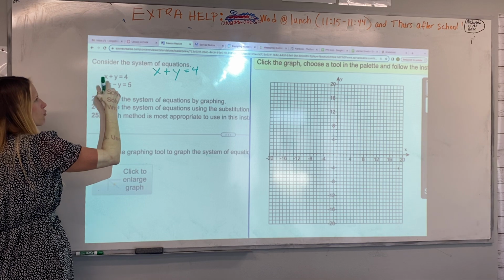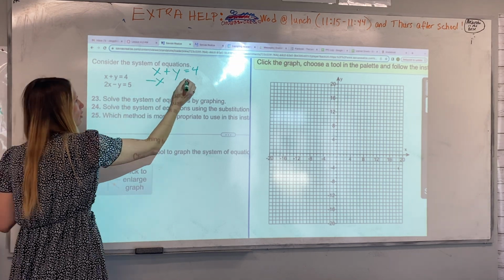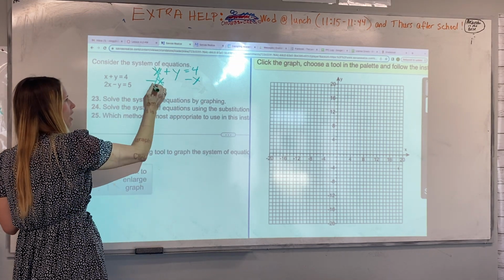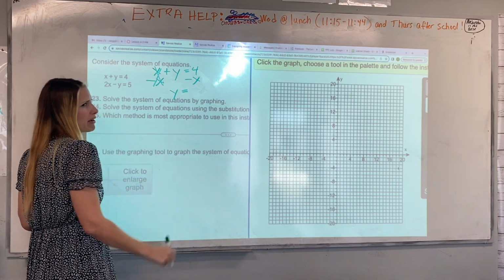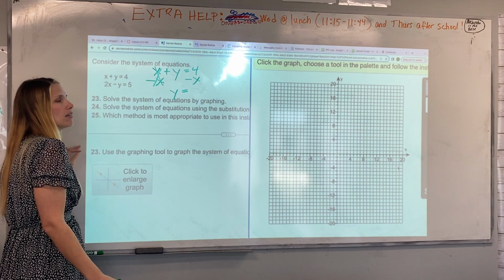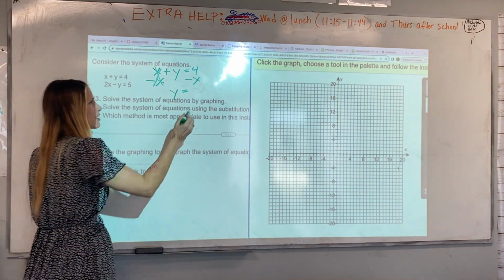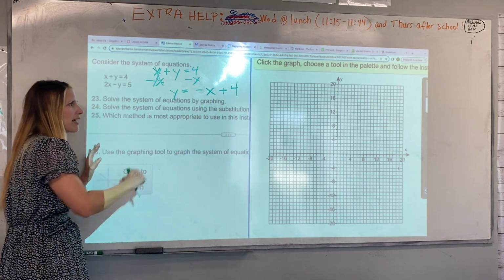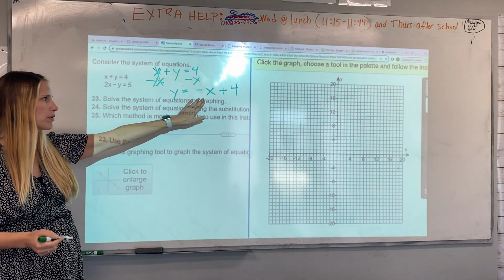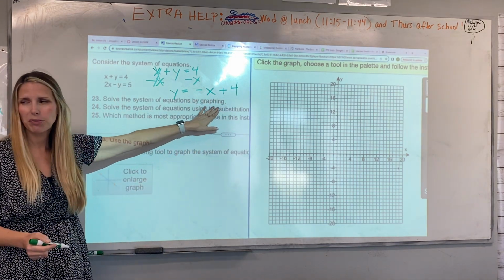I need to get rid of my x, so subtract x here. That's gone, and I have y equals, which term should I put first, my negative x or my 4? We want our x term first because it's our x term that has our slope. So we have this in perfect slope-intercept form.